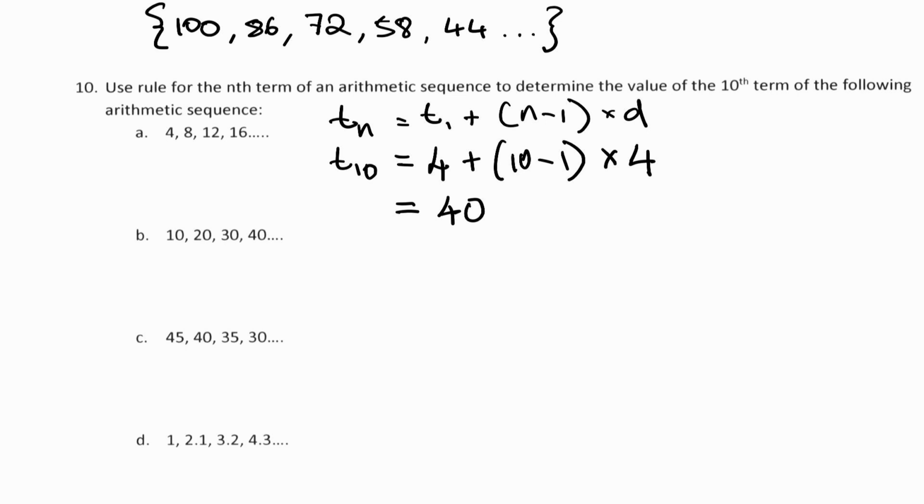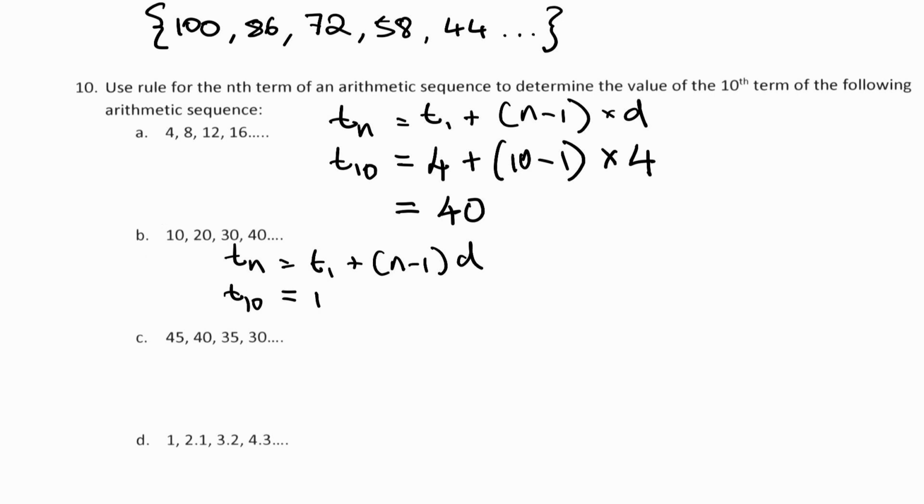All right, this next one starts off with the same formula. Always write the formula first. The term that we're looking for is still the 10th term. That hasn't changed. All these questions are the 10th term. The first term here is 10.